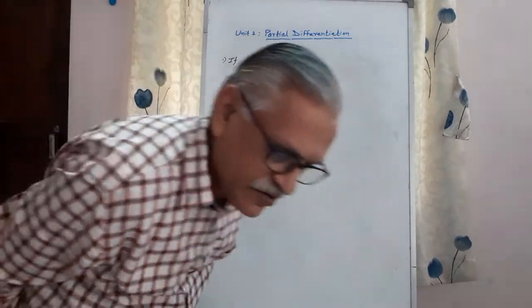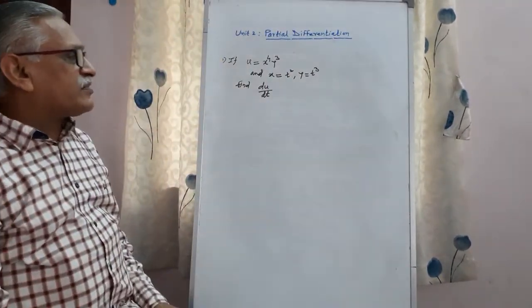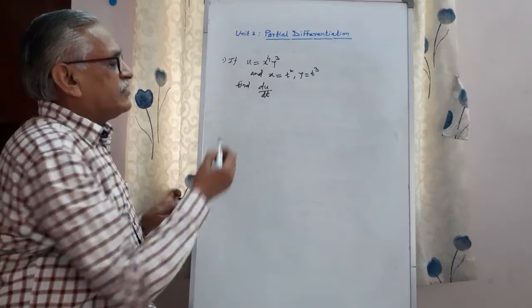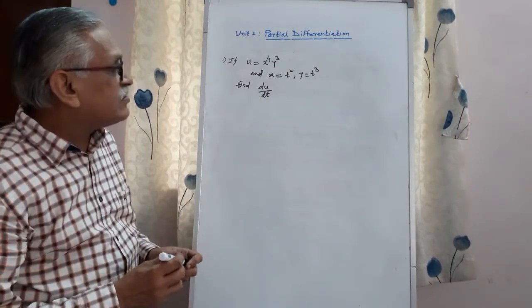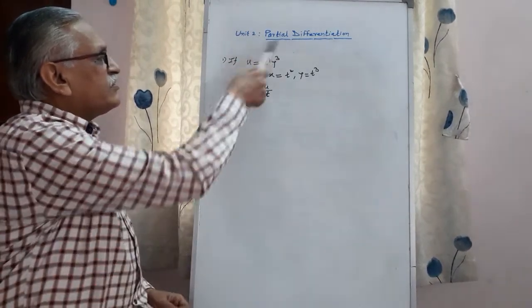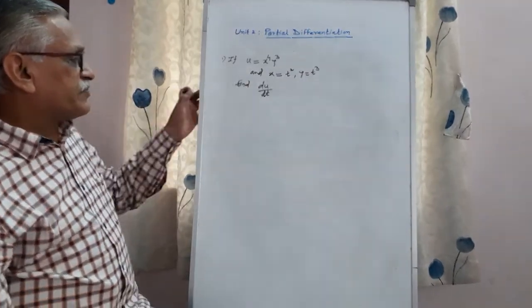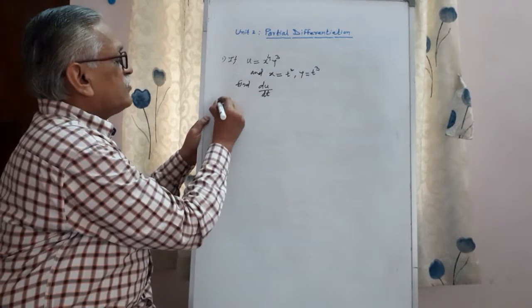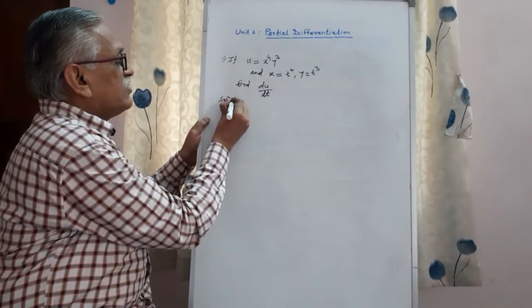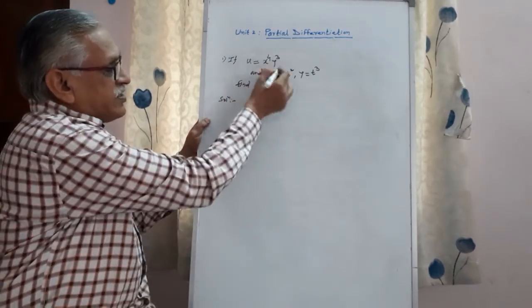Whenever an ordinary derivative occurs in this chapter of partial differentiation, it is for total differentiation only. That point must be noted. And therefore, to find this du by dt, we draw the tree diagram.